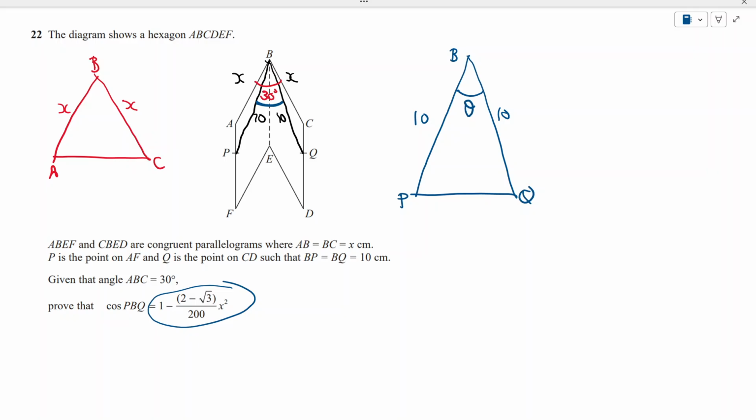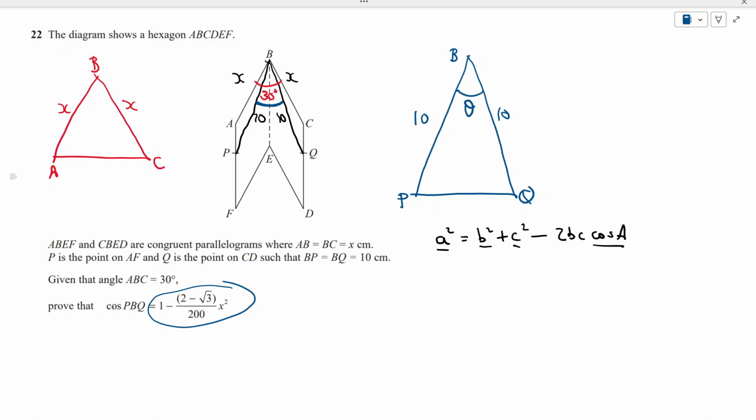Now, think about the cosine rule and what it tells us and what it involves. In terms of variables, the cosine rule is generally given as the square of one of the sides is equal to b squared plus c squared minus 2bc cos A. So, in terms of what's involved, we have all three side lengths and one angle.